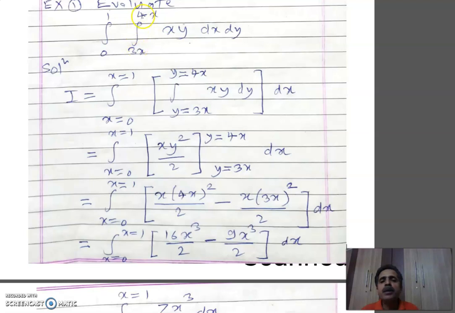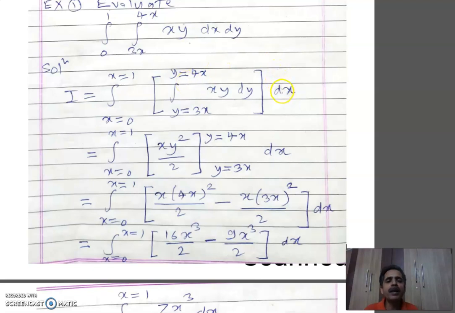The limits of the inner integral are 3x and 4x. They are functions of x alone. That means first integrate with respect to y. So write dy in the bracket, the same function, and 3x and 4x stand for the limits of y. So write y is 3x and y is 4x.